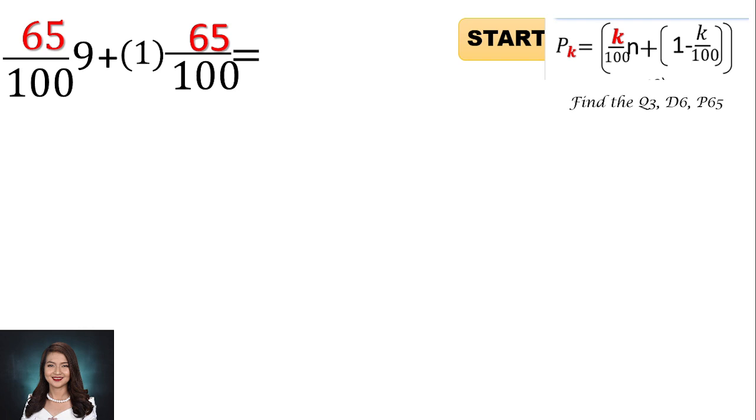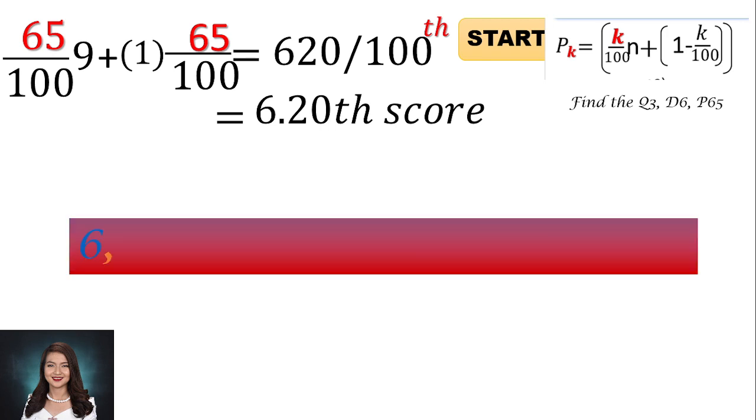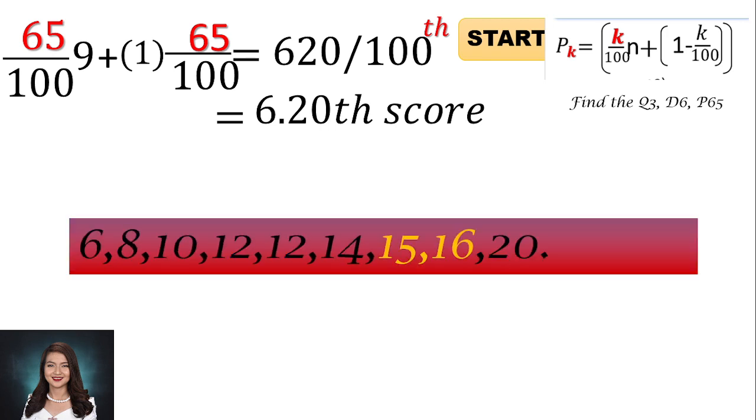And if we calculate this, we get 620 all over 100, and if we divide it, we get 6.20 score. In this data, the value of the 65th percentile lies within the 6th score and the 7th score. So the value of the 65th percentile is the sum of the 6th score and 20% of the difference between the 7th and the 6th score.